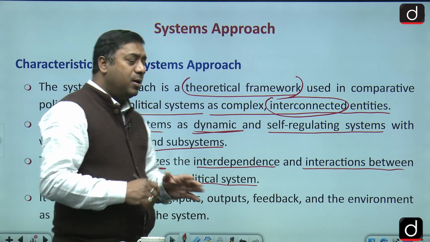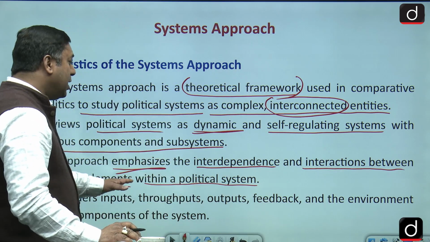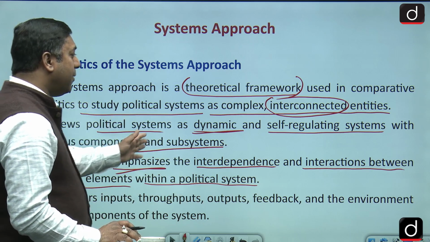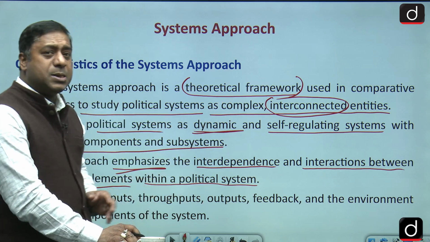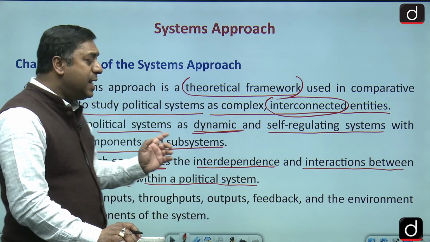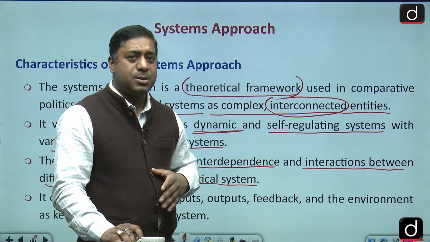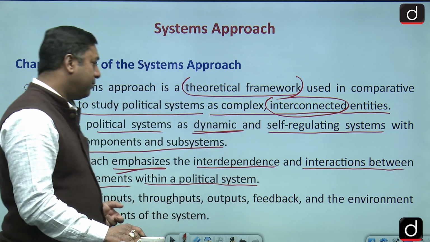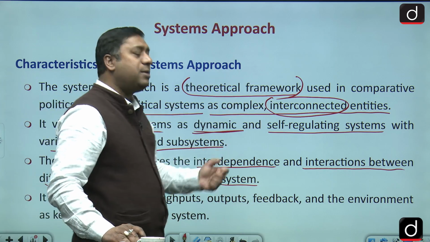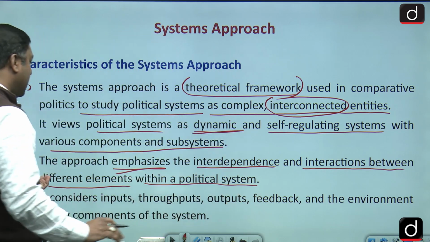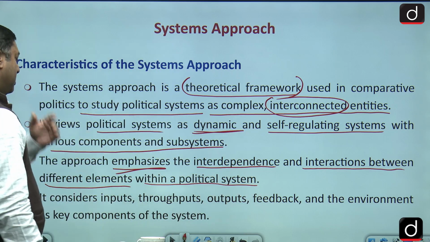That means here it's saying that within a political system, whatever the subsystems are, these subsystems are self-regulating systems, but they are interdependent, as well as there are interactions taking place between different elements.